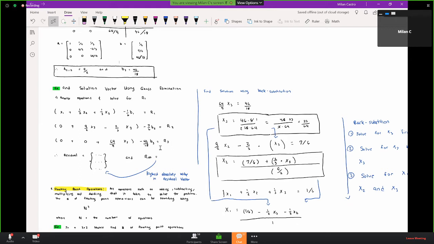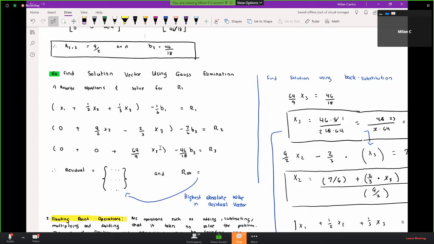So first, what do you guys want to do first? The residual for the initial, we can call this the initial residual.